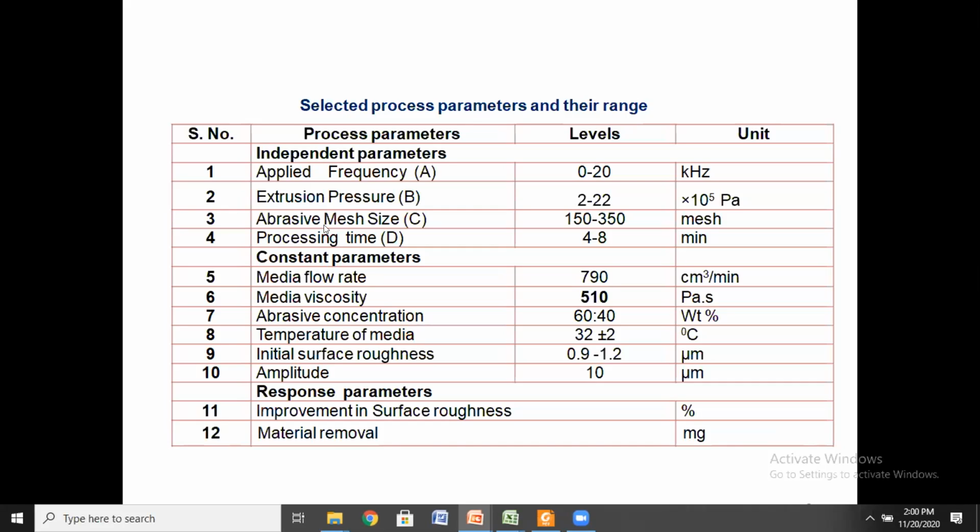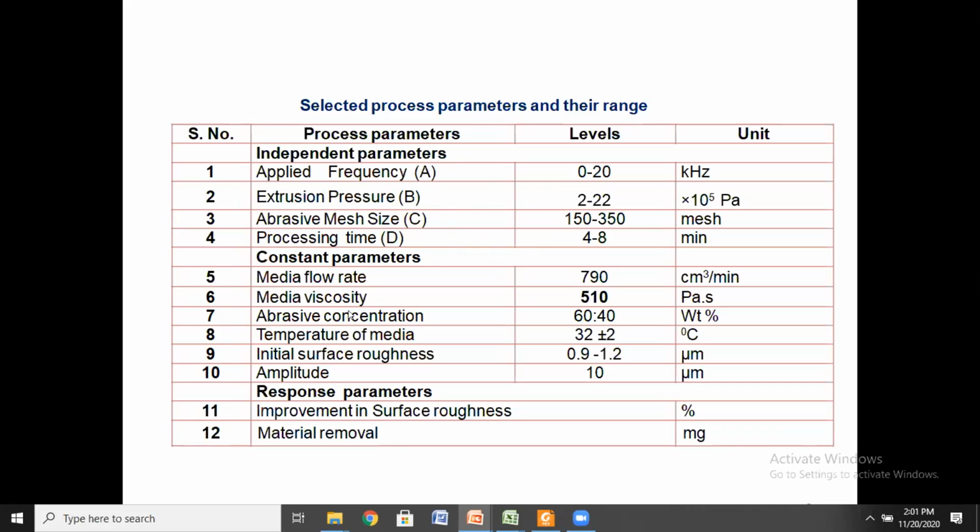The new parameter introduced here is the applied frequency; in the earlier case it was extrusion pressure, abrasive size, processing time, or the number of cycles. Processing time is nothing but the number of cycles. You can count the number of cycles, or you can count the machining or processing time, neglecting the idle time. This can also be evaluated in minutes.